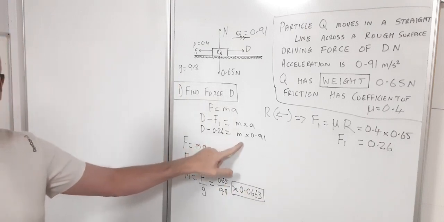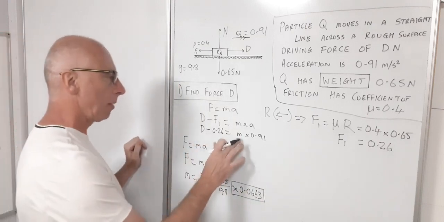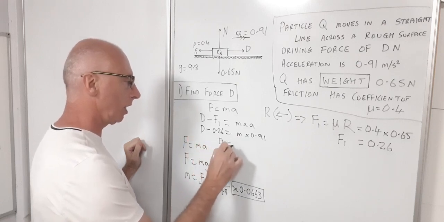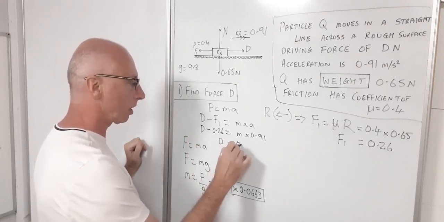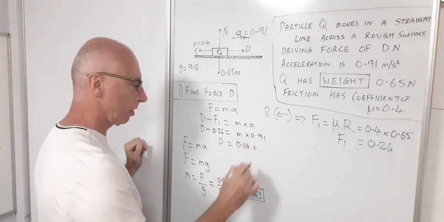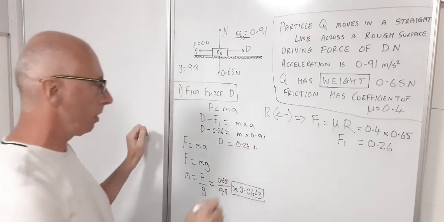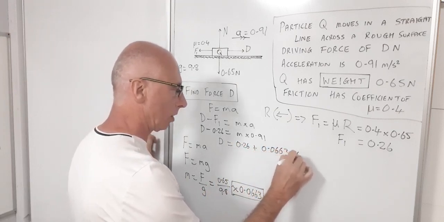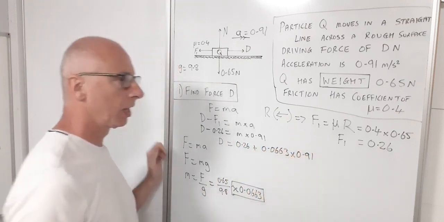So now we can come back into this one, and now we know what mass is. Solving for D, we have D equals, add 0.26 to both sides, plus the mass, 0.0663, times 0.91.